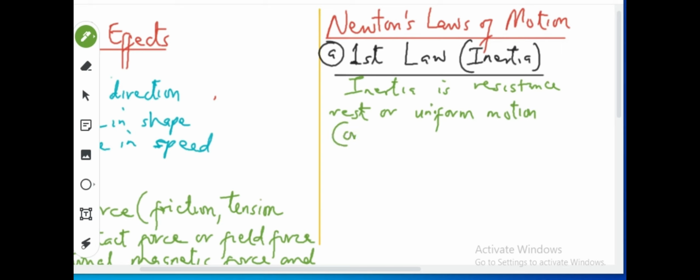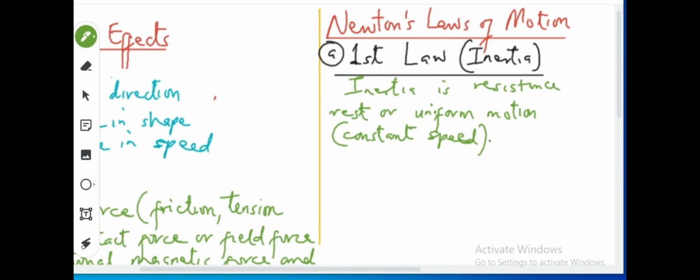Let me explain. So resistance to rest or uniform motion is inertia.